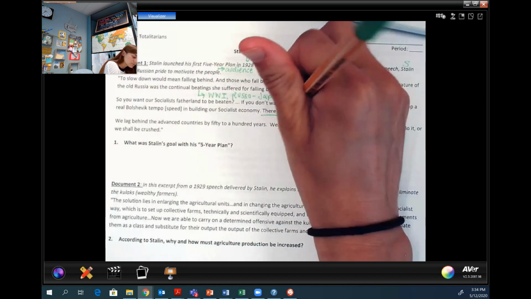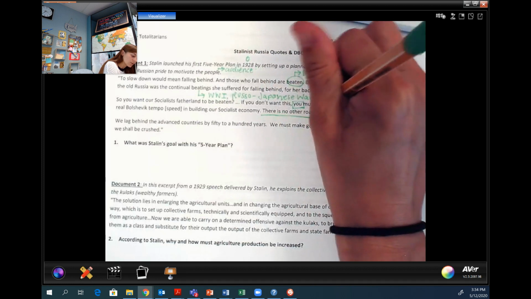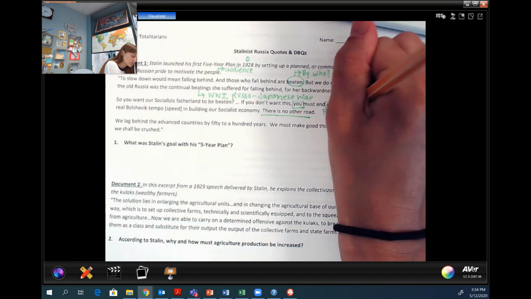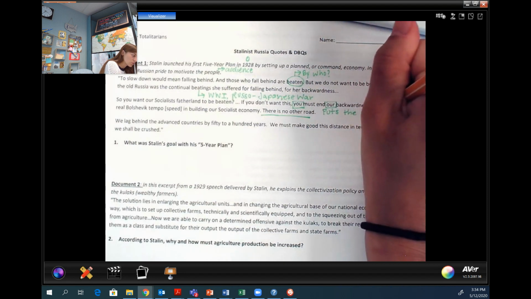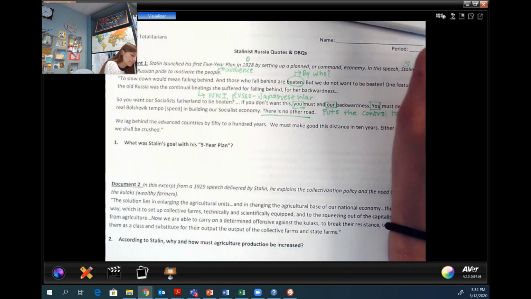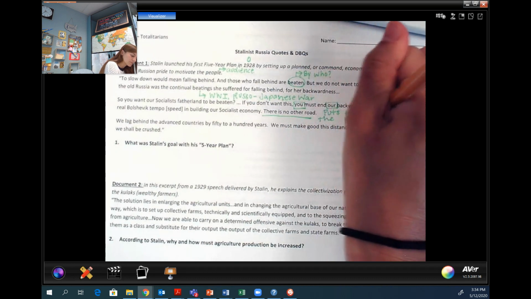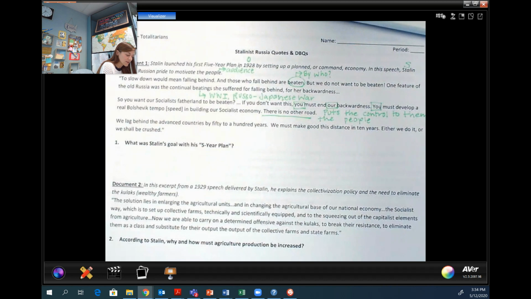So he mentions you and our, kind of puts the control to them, the people. We lag behind the advanced countries by 50 to 100 years. We must make good the distance in 10 years.